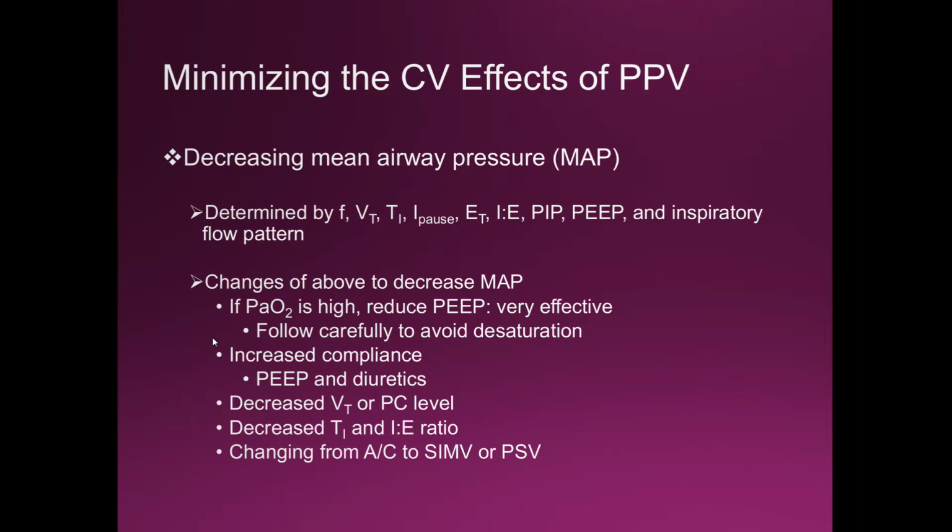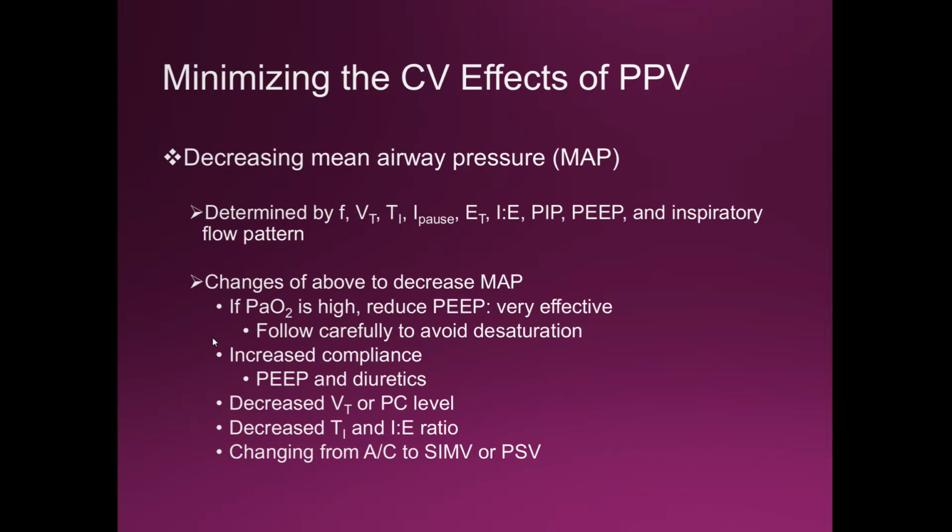Okay. All right. So if my compliance is increasing, so let's say I was in the first stage of ARDS, and the medical staff was able to get rid of the pneumonia, get rid of the bacteria that's causing the ARDS before it can damage the alveolar membrane and cause a lot of hyaline and fibrous tissue, and we have an increased compliance, then we can just deal with the PEEP and any type of diuretics.